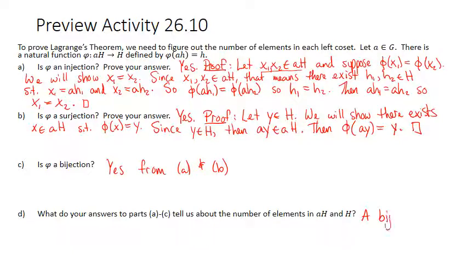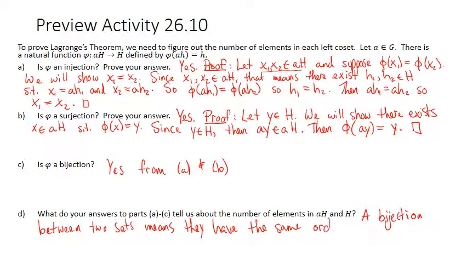So a bijection between two sets means they have the same, I called it cardinality, but we could just call it order, the same order. So it means the same thing, just the number of elements. So the number of elements in H is the same as the number of elements in AH. So this is actually the key fact that is going to let us prove Lagrange's theorem.